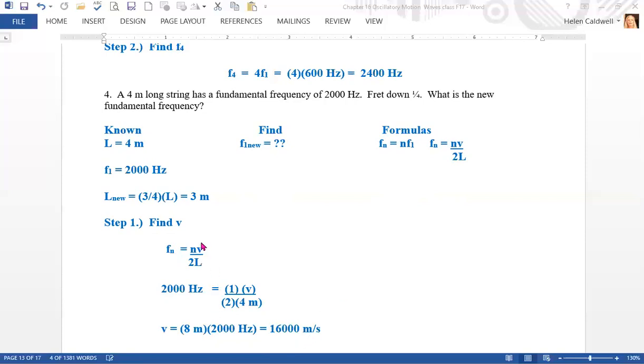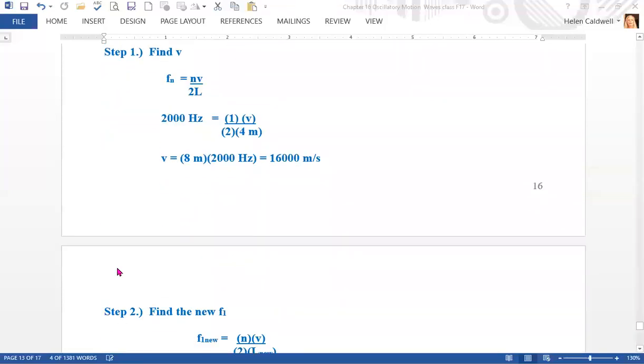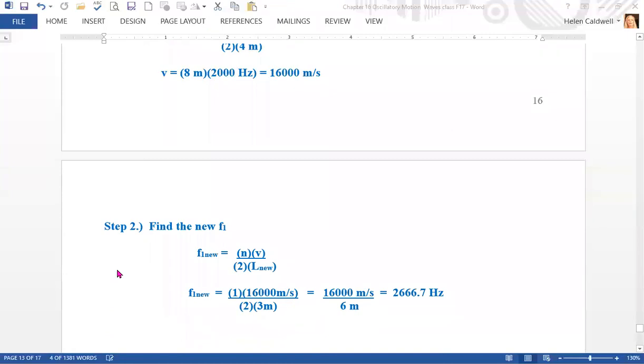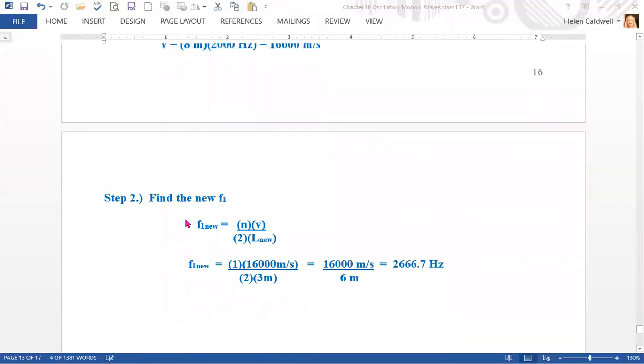Now that we know V and a new L, we can find a new F. So step 2 is to find the new F. F1 new is going to be n times V divided by 2 times the new length. So 1 times 16,000 meters per second divided by 2 times 3 meters.